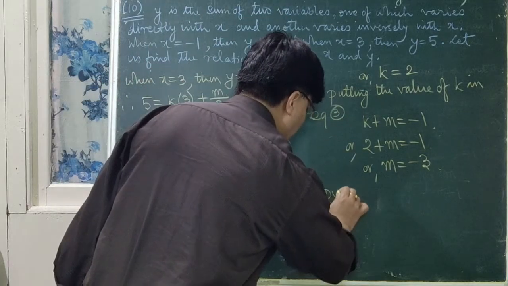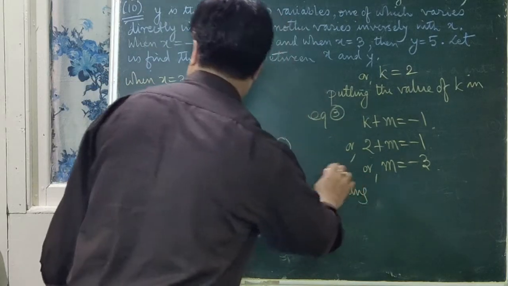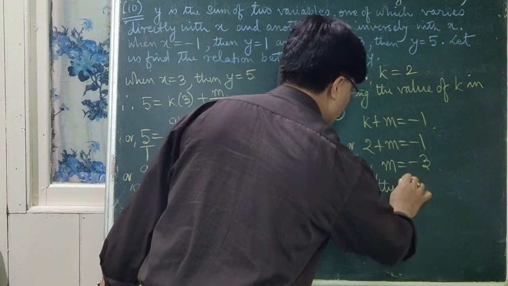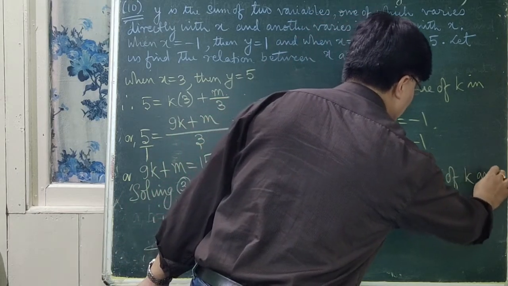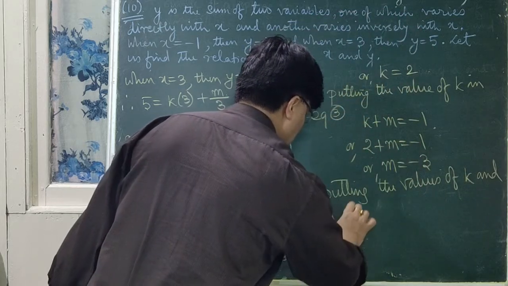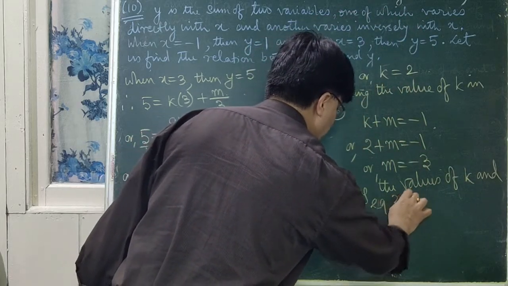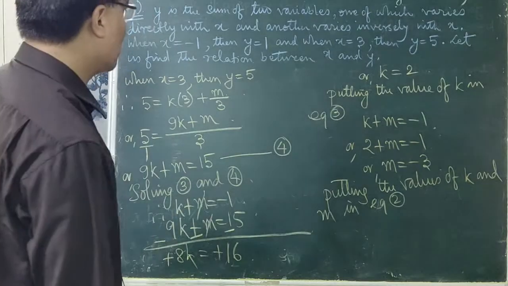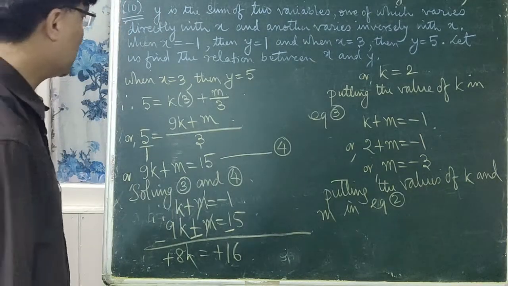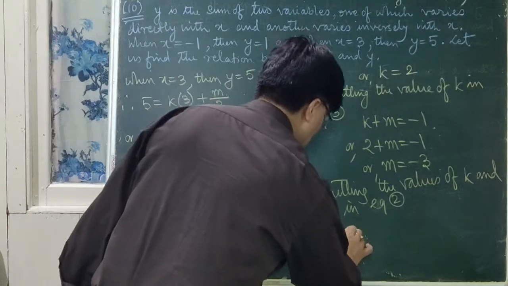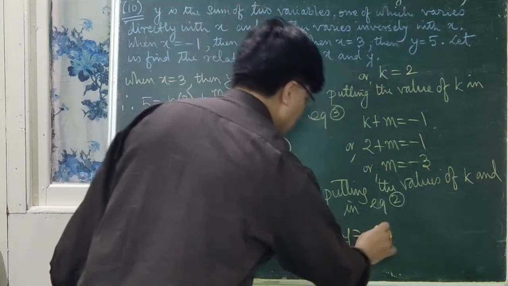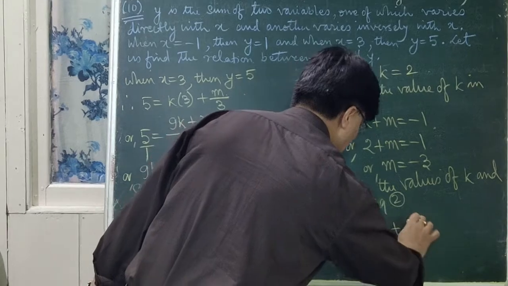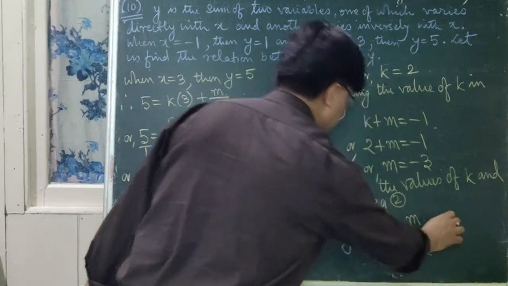So now let us write, putting the values of k and m in equation 2. So now can you tell me what was equation number 2? What was equation 2 actually? That is y is equal to kx plus m by x.